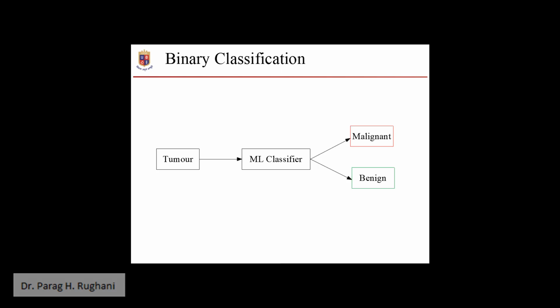So again, like spam and not spam, here you are extracting the features of the tumor and then you forward those features to the ML classifier. The classifier, based on the training data set where you have already labeled different types of tumors with malignant and benign labels, learns the way of classifying the tumors.